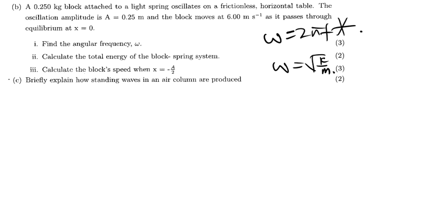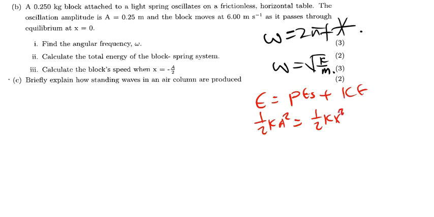Yes. So now at x equal to 0, we know that the mechanical energy, the total energy, should be the elastic potential energy plus the kinetic energy. So this is half Ka squared, and the elastic potential energy is half Kx squared, plus half mv squared.